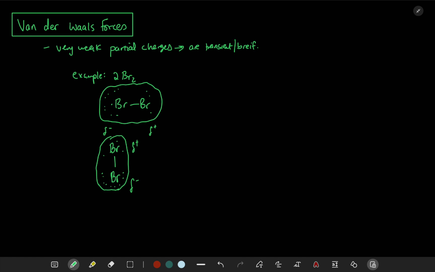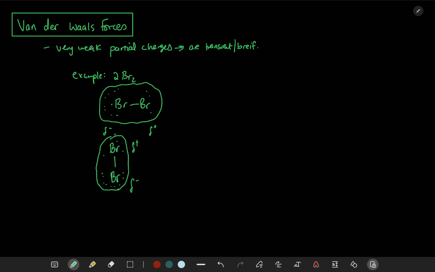And so because of the random distribution of electrons in one molecule at a specific instantaneous time, that's going to induce a charge on the other end because of the repulsive forces of these electrons and these electrons, right?